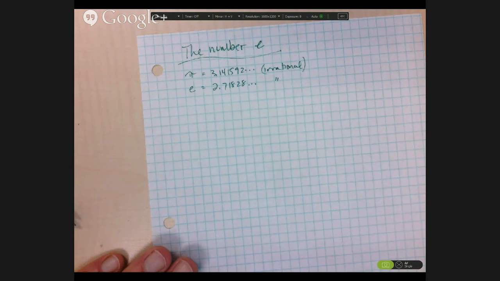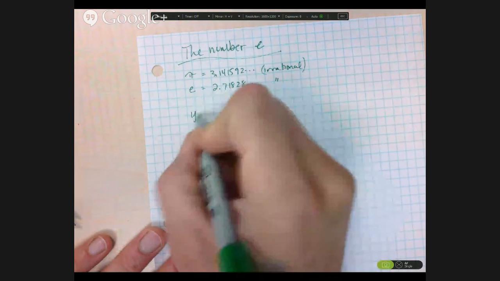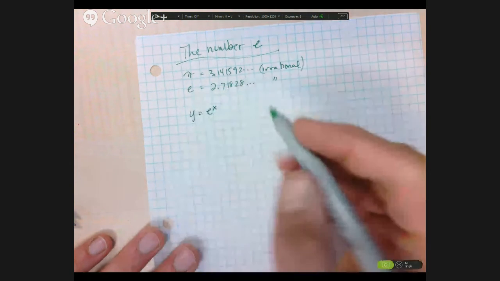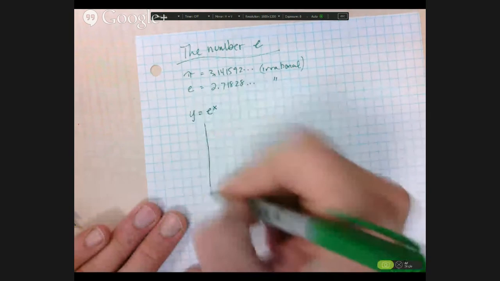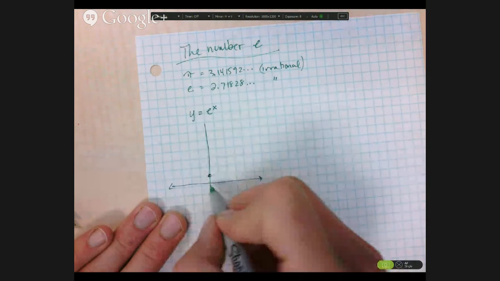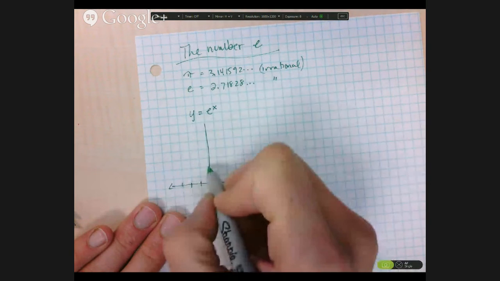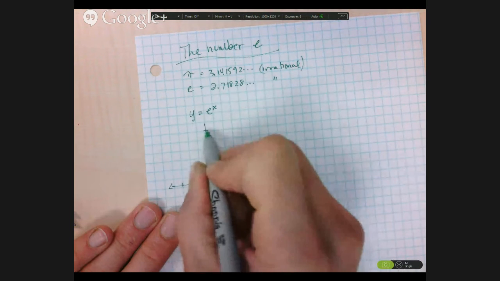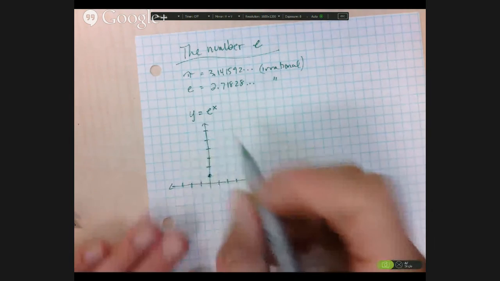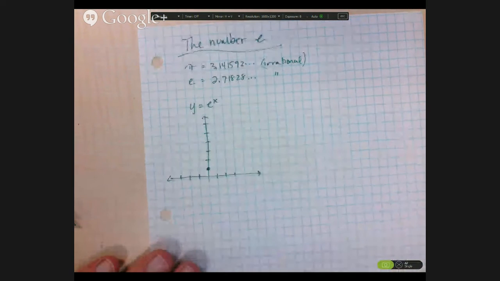But the graph of e to the x. One of the beautiful things about these exponentials, they all have a y-intercept of 1, unless you translate them up or down.